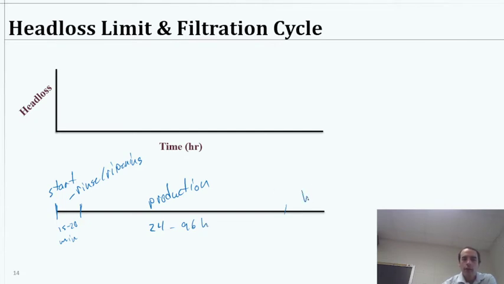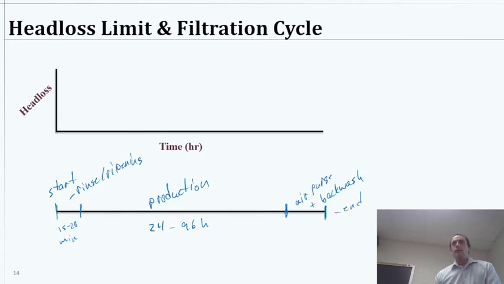And then we stop and have a backwash. And actually, if we're going to be very thorough, I'm going to say air purge if we have it. That's part of the backwash. And then we do have to backwash with water for sure.